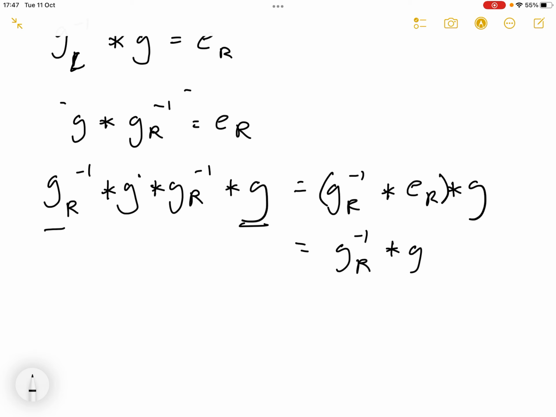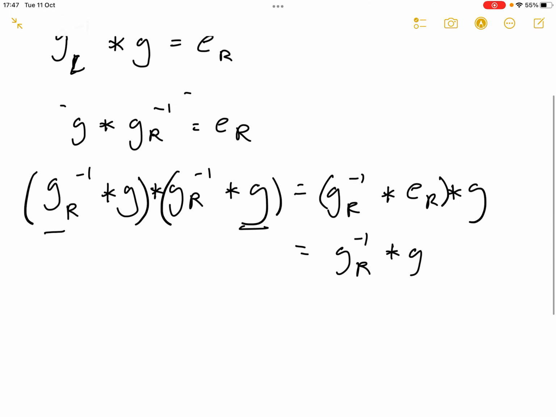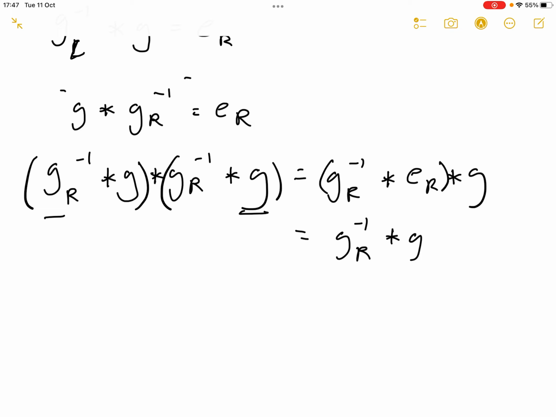This side over here, we get two lots of those. So what we can do is, because we know that there is a right inverse for every element in G, because we said so, we can actually cancel these out, cancel this and this out, by multiplying by the inverse on this side.